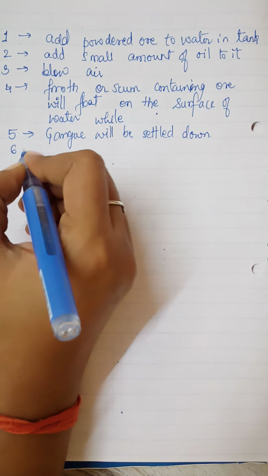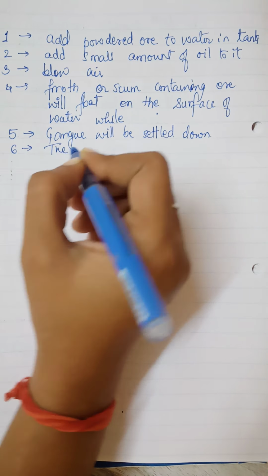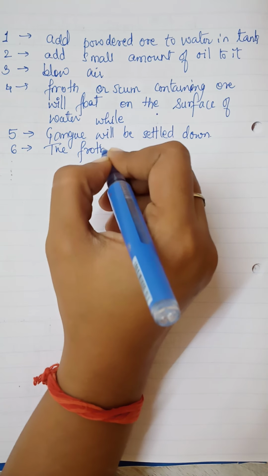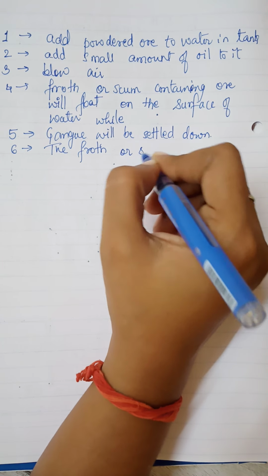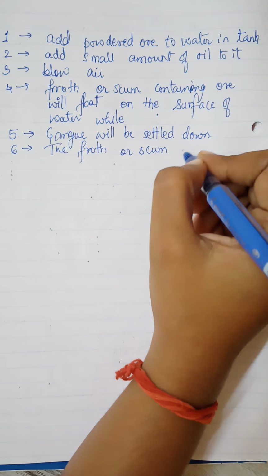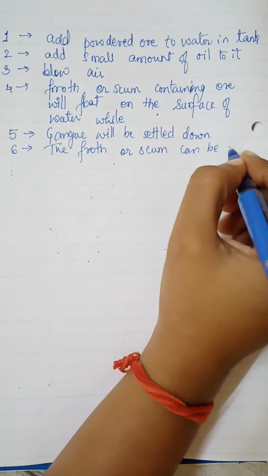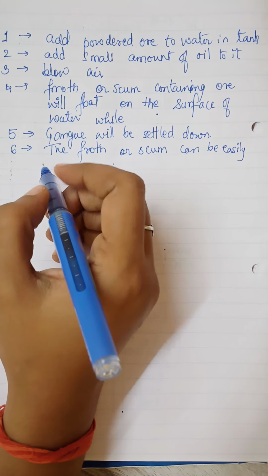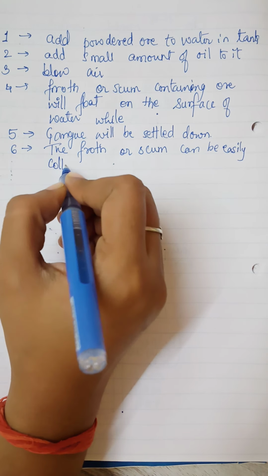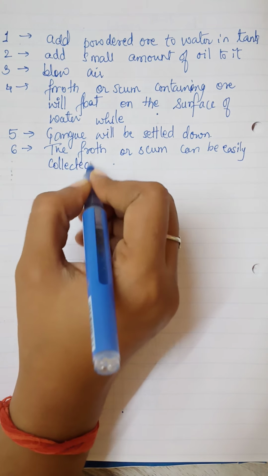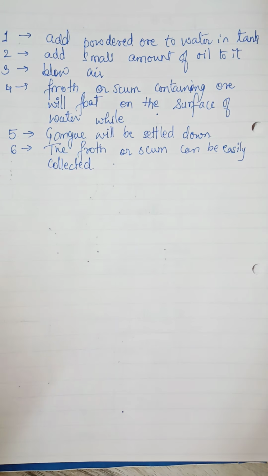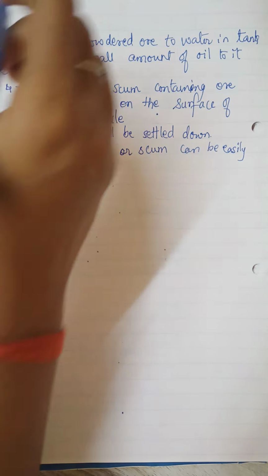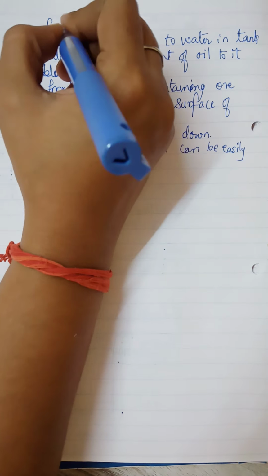You can write over here that the froth or scum can be easily collected. This was the process of froth flotation.